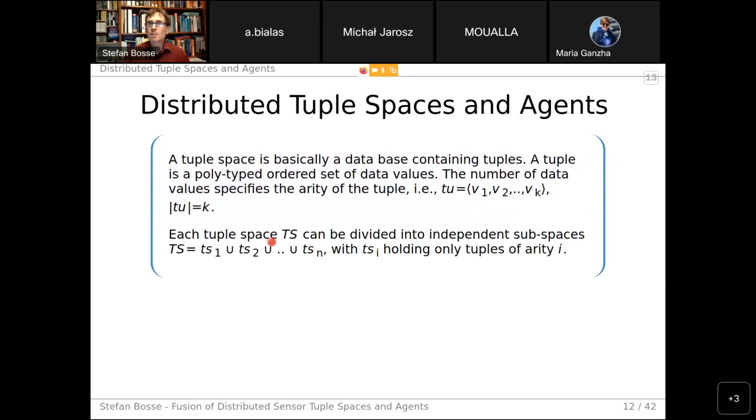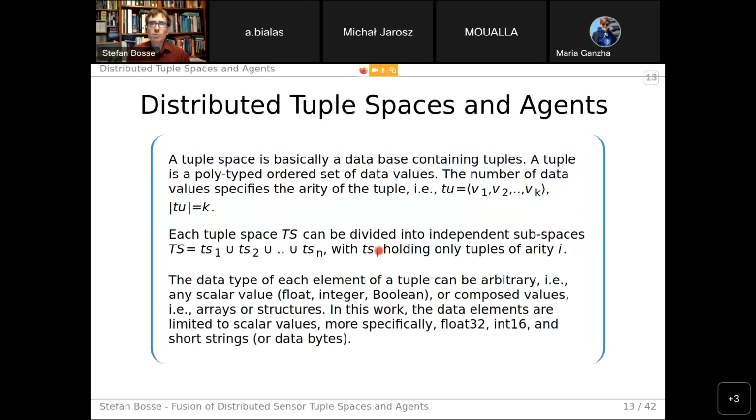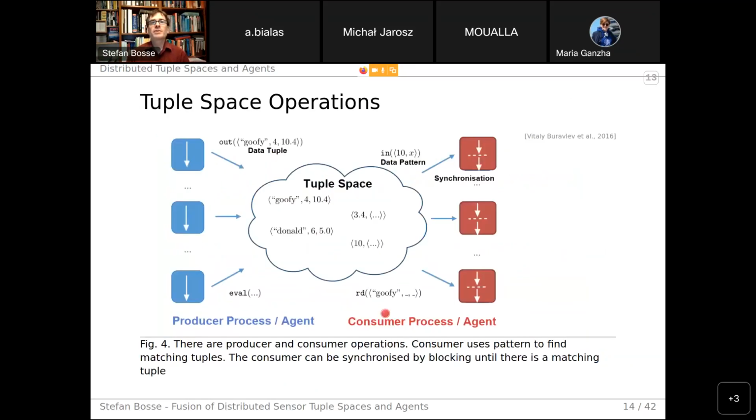Each tuple space can be divided into subspaces, which only hold, for example, tuples of a specific arity, and the data type of each element of a tuple can be arbitrary. But in this work, only a subset is supported, namely strings, float, and integer. And this is the basic concept for the data representation in this work.